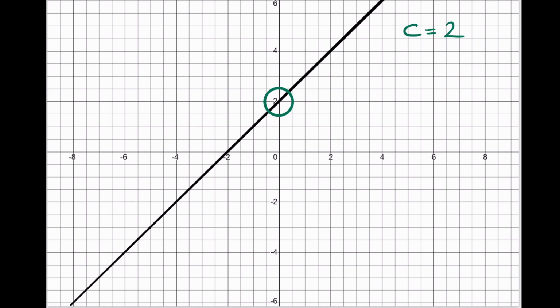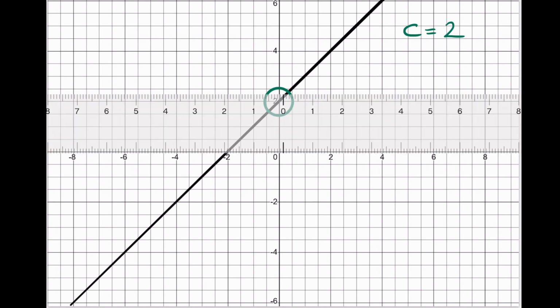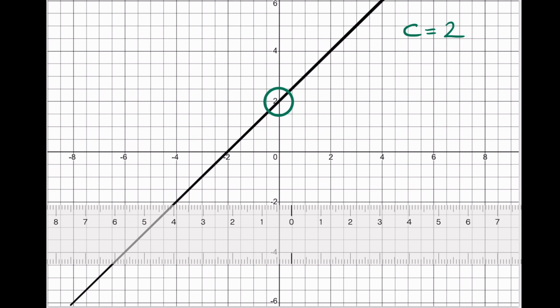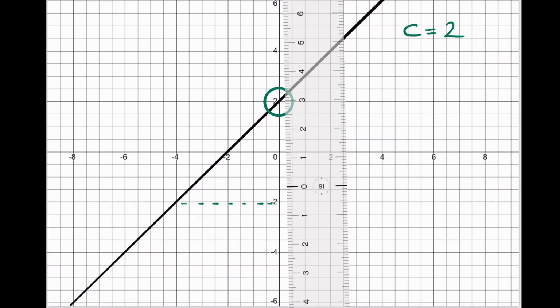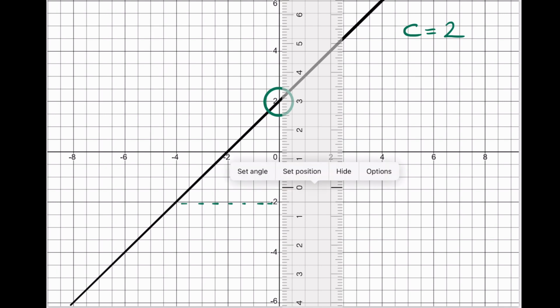But the second bit of information I need is the gradient of a line. So I am going to plot myself a right angled triangle. It doesn't matter how big or how small, as long as it's right-angled. The way that I've chosen to position it is that I've looked for a place where the line crosses a grid in between where all the squares meet, because it gives me a bit more accuracy.